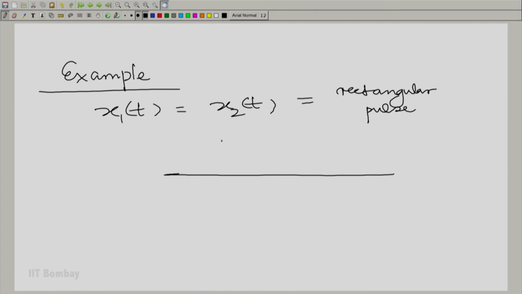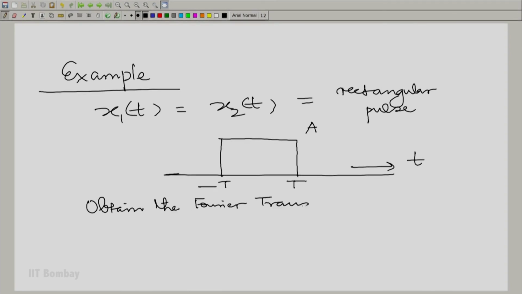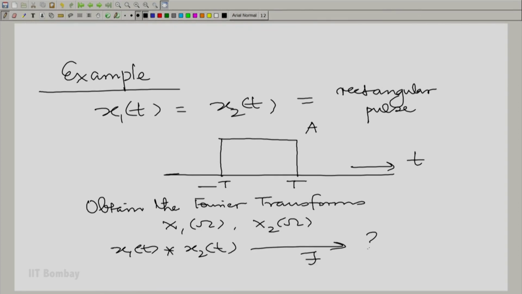So, essentially let us make it simple, let it be a rectangular pulse going from minus T to plus T, symmetric and of height A. Now, the question is, obtain the Fourier transforms of x1 and x2, and then the Fourier transform of x1(t) convolved with x2(t). We shall look at this in the next session to make a few points.